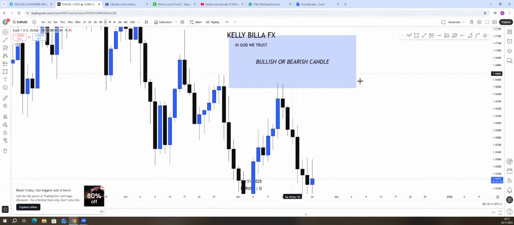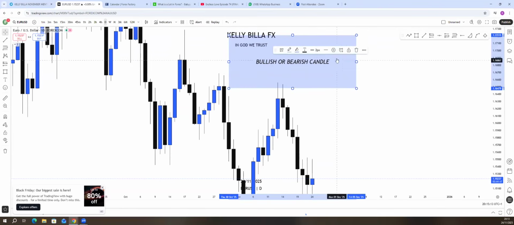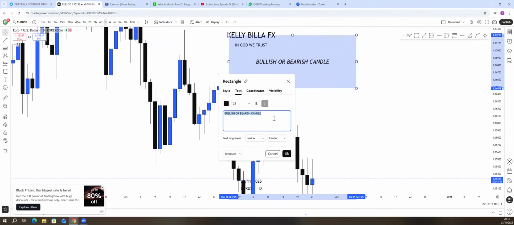Now, on the bullish candle, we're going to draw like a small tree. On the bullish candlesticks, you have two types, okay? The first one I'm going to teach you so that you wouldn't end up with a lot of crazy ideas in your head, because these candlesticks have names.